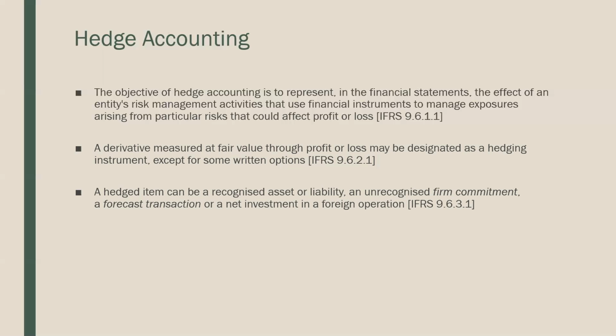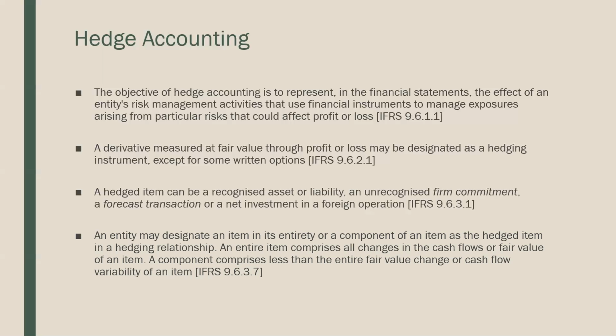An unrecognized firm commitment, so that would be where we have entered into a non-cancelable contract that will give rise to either cash being received or cash being paid, or a forecast transaction. So that could be a situation where the company has ongoing transactions that are denominated in foreign currency. They've not actually happened, but they're forecast to occur in the future, or a net investment in a foreign operation. That's something to be talked about in topic 17.